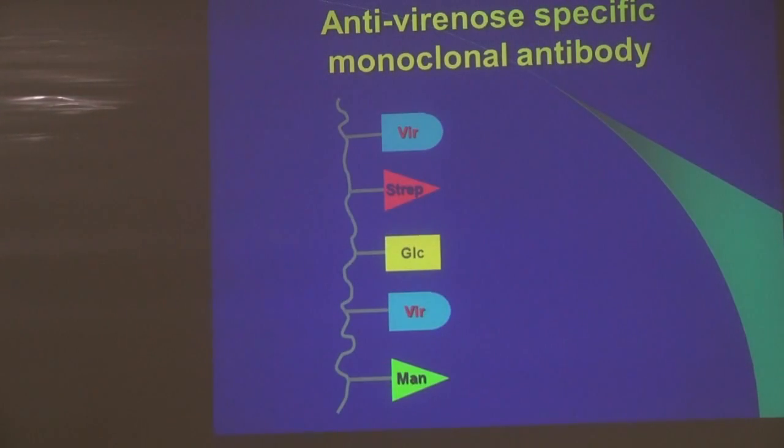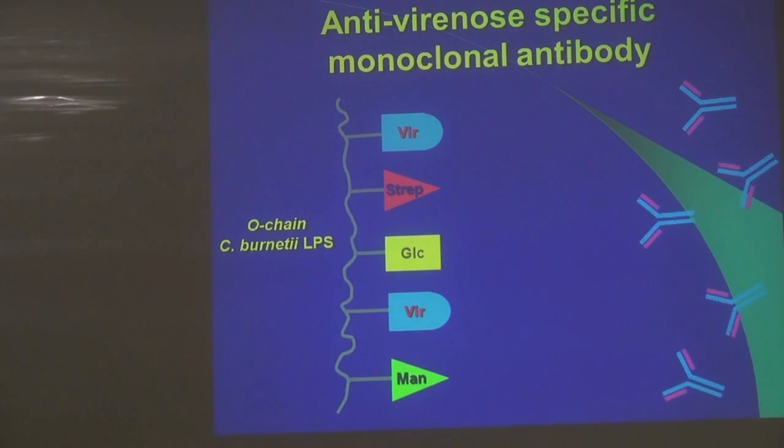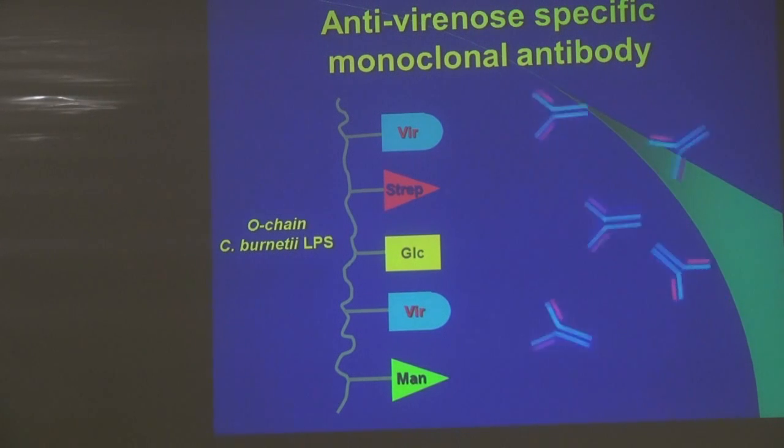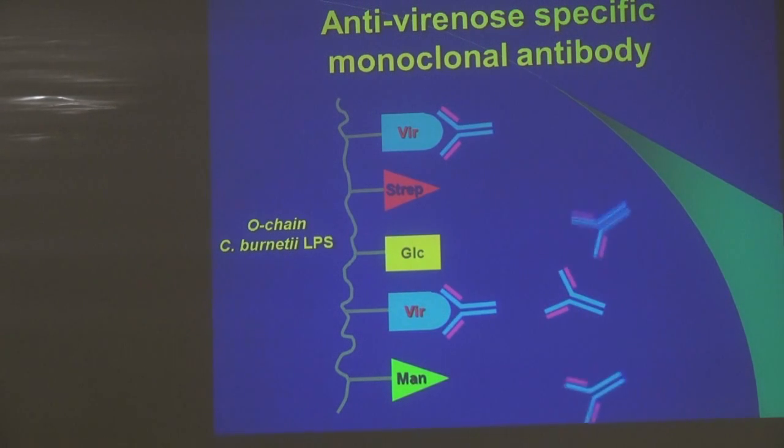But as I said, this virenose and dihydroxystreptose are very important for diagnostic purposes. And some years ago we developed a monoclonal antibody that is highly specific for virenose. The primary paper has been published on it.